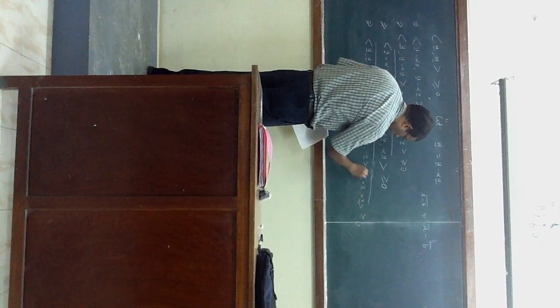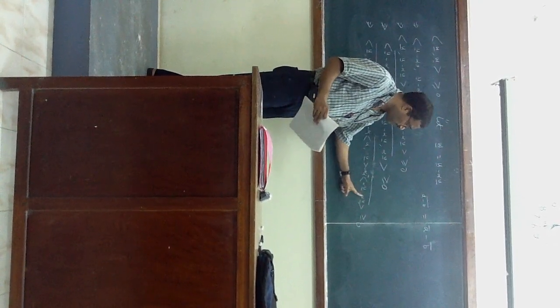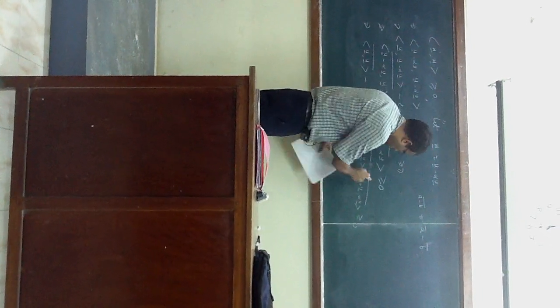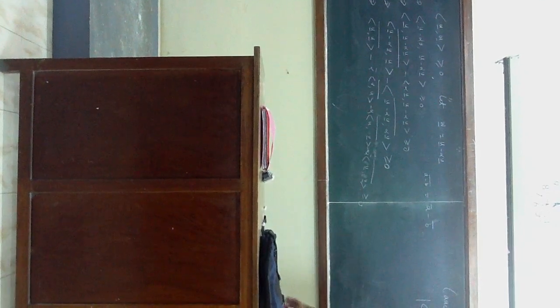Alpha square? No, alpha bar. Alpha will come from here. Alpha bar will become alpha, alpha will become alpha bar, and then it will become V comma V. Am I correct so far in what I have written? Everything is alright? Any doubts? You can catch me here.